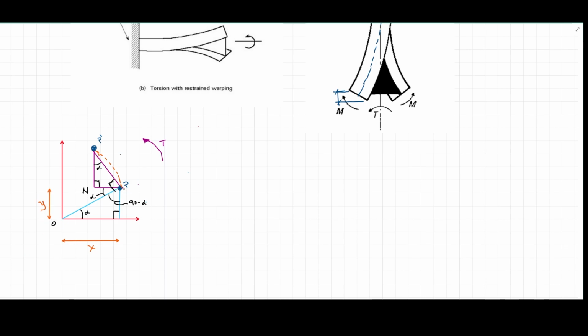But then to move from P to P prime, I have to go in the negative direction on the x-axis all the way until point N. The distance from one to the other is going to be x prime. And to go from N to P prime, I have to go all the way up to y prime.